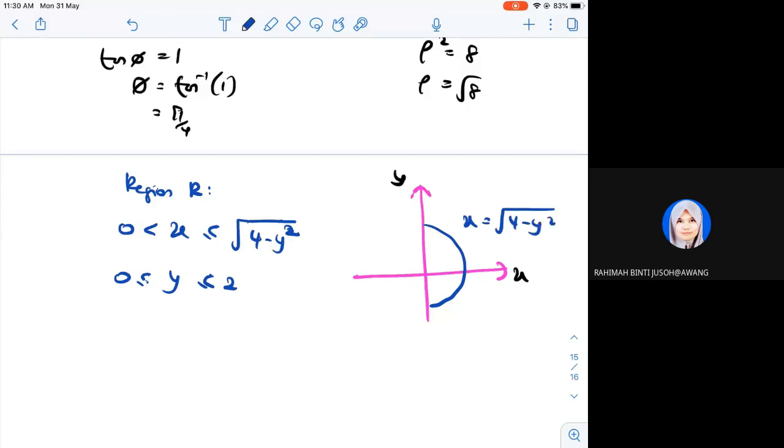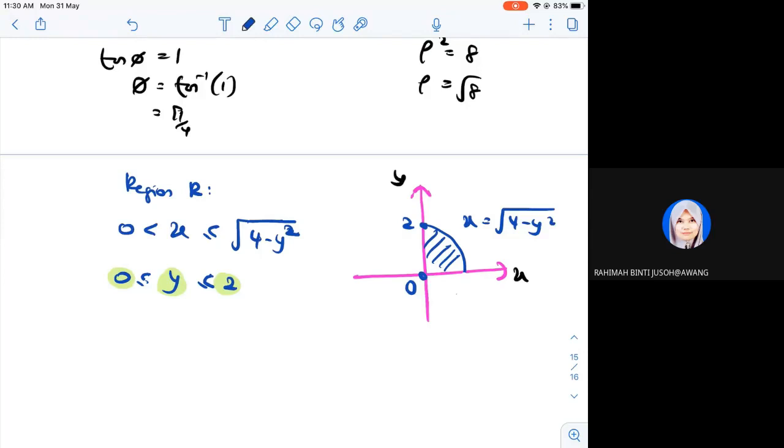However, now since y only from 0 until 2, dia daripada 0 sampai ke 2 sahaja. So dia tak ada yang bawah ni. So we have to erase this part. Okay, so only here. Only this is the region R.